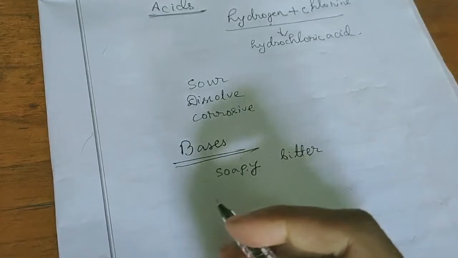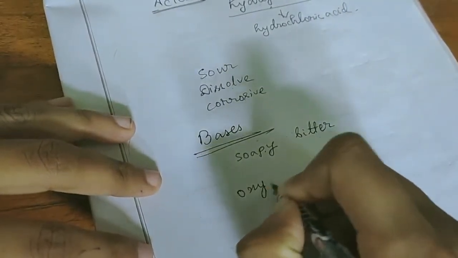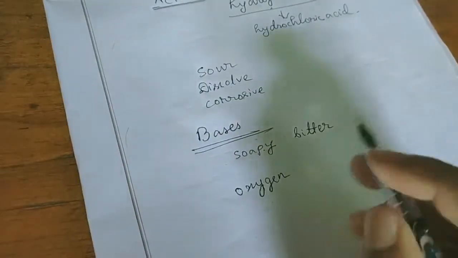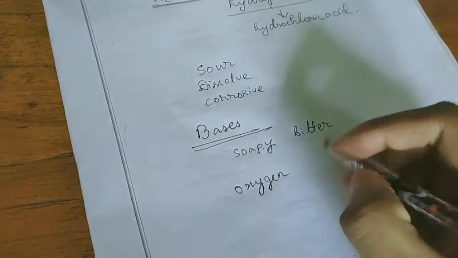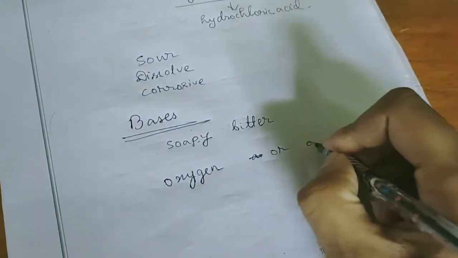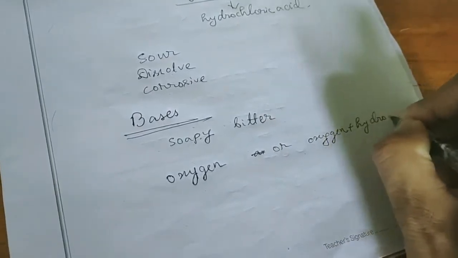Now bases are compounds which contain oxygen. Bases are compounds which may contain only oxygen, or they may contain oxygen plus hydrogen.